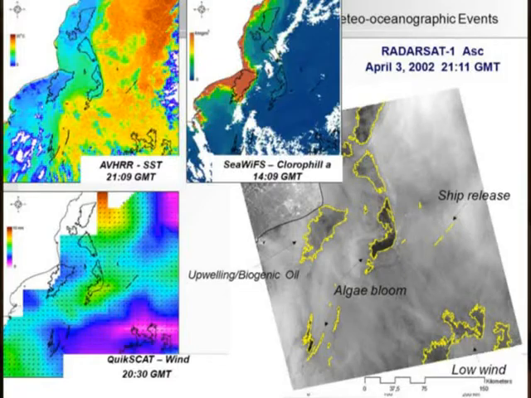And these patches over here are probably related with biogenic oils floating on the surface associated with the upwelling events. Here, this feature corresponds to water with colder temperature.